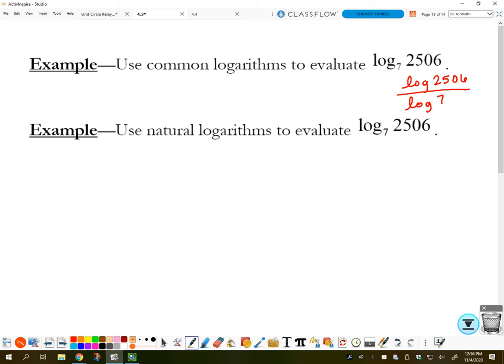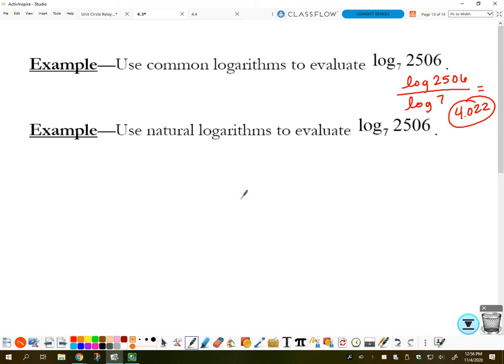Make sure you close it before you hit divide so that your calculator does the right operation. So we have log of 2506, parenthesis, divided by log of 7. And you get 4.022. If you type the same thing in your calculator, but with ln's instead of logs, you'll get the same answer.